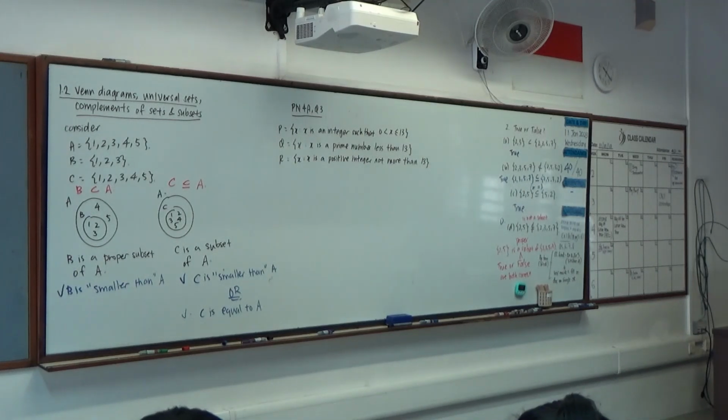Maybe if I draw an example with numbers, 3 equals 3, right? Can we say 3 is less than or equal to 3? Is it accurate to say that? It is an accurate statement, because 3 is equal to 3.